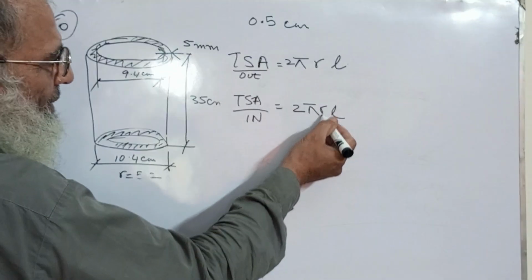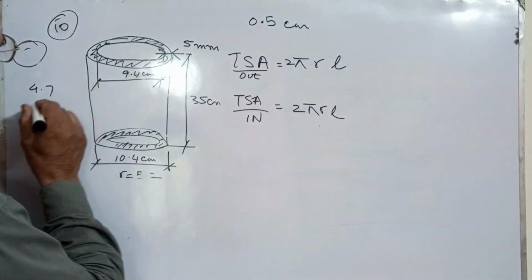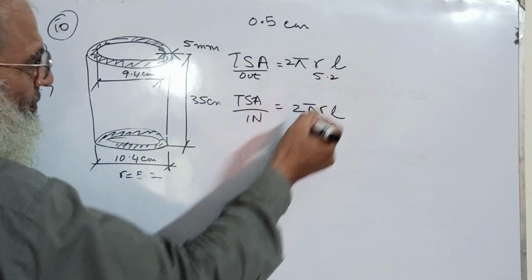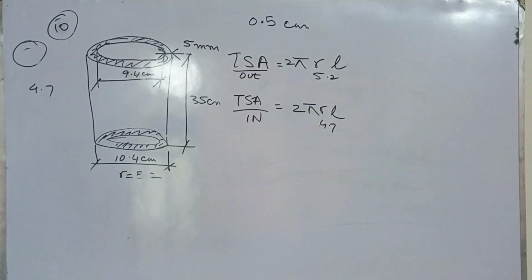But here the r is 4.7 and here r is 5.2. Okay, so this is the main difference between the two.